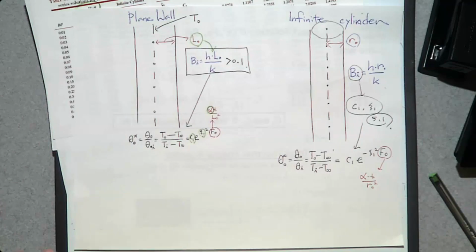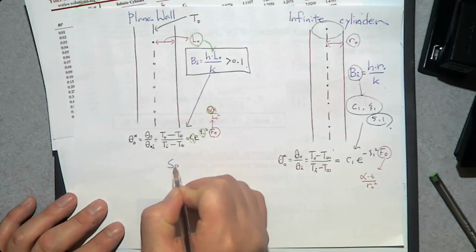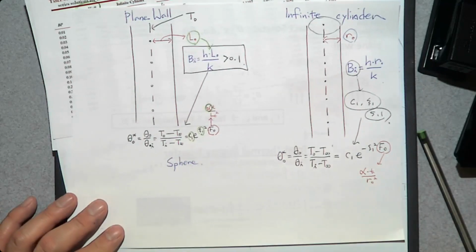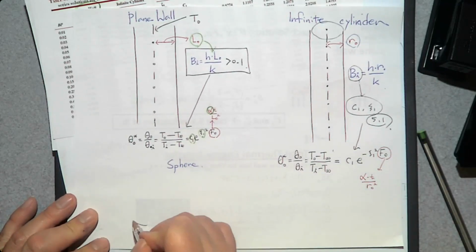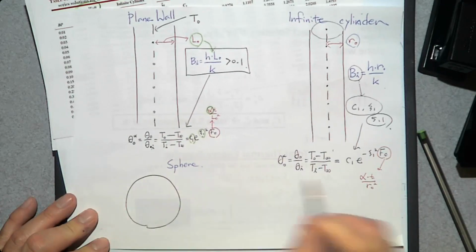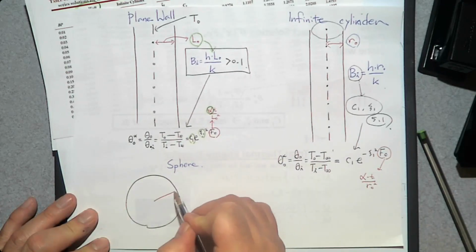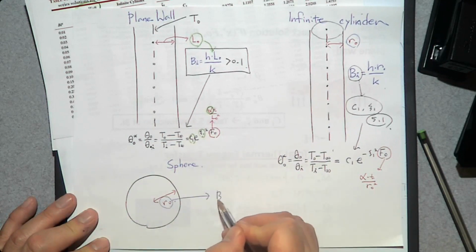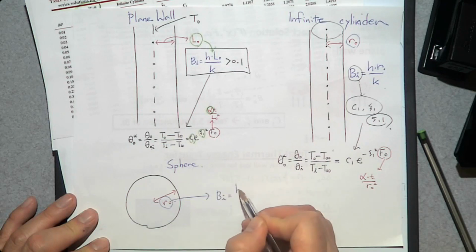And there's one more geometry, which is the sphere. In that case, the radius is going to be R0, and the rest of it is the same. Once you determine R0, you can find the Biot number.